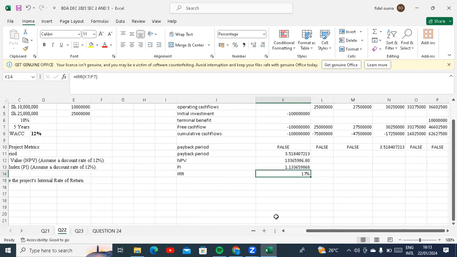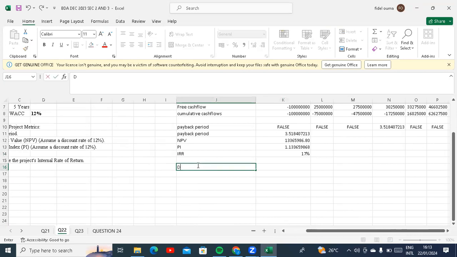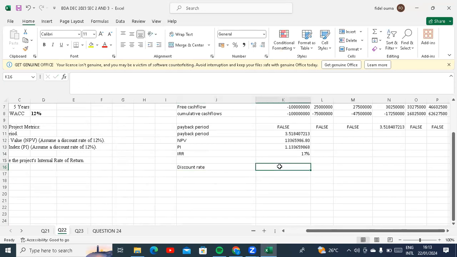So once it gives you 17%, now we are going to use the graph. And we know that the internal rate of return is where the NPV is 0. So what we are going to do is guess. We are going to say discount rate, then this is the NPV.